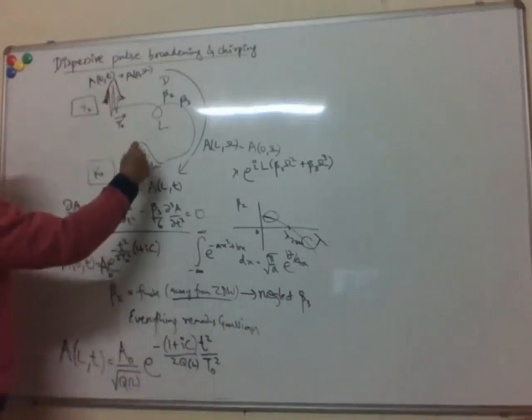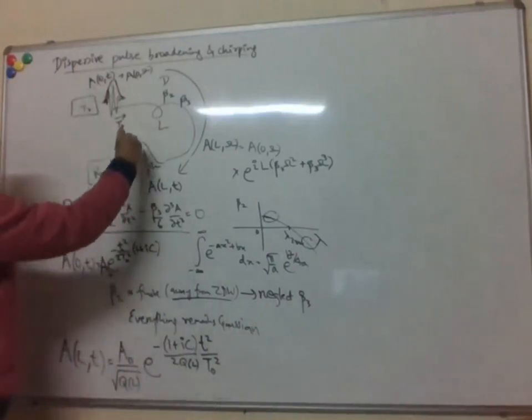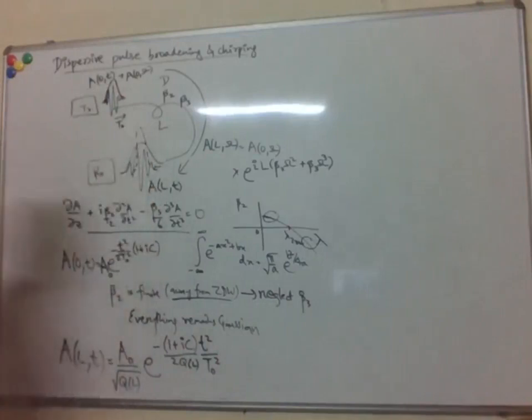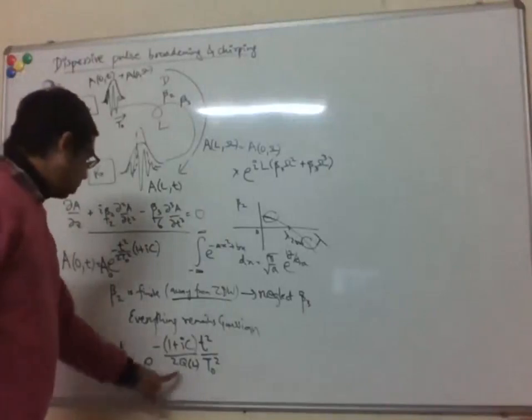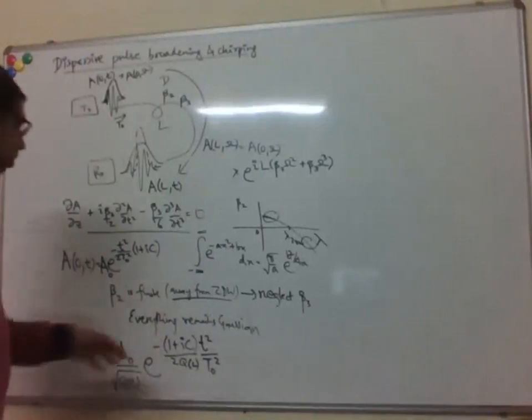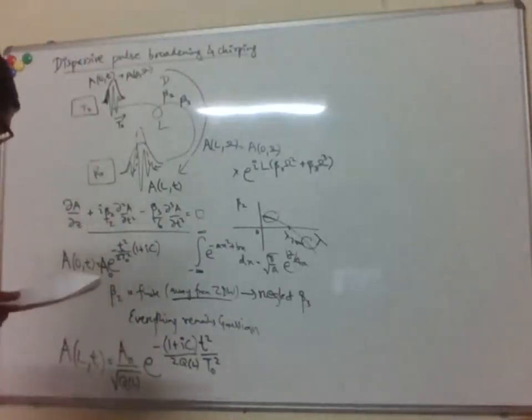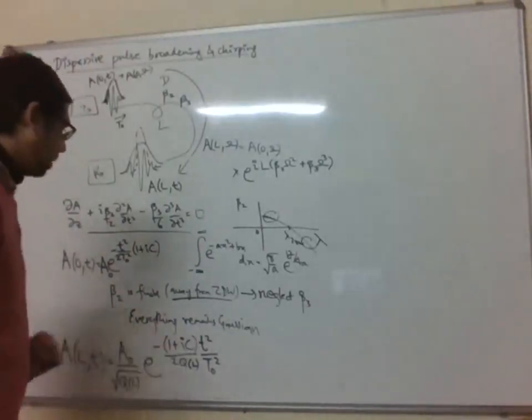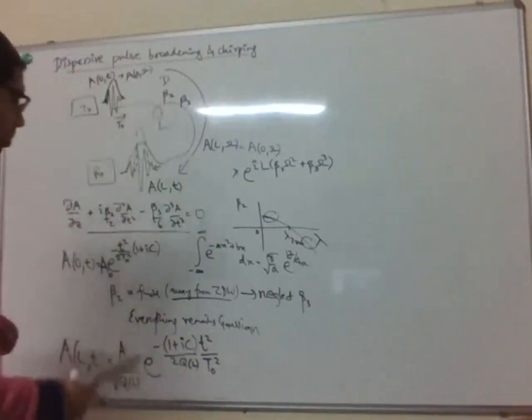So basically, once you broaden, if the input pulse was something like this, the peak amplitude goes down and the width increases. Right, that is for the case when Q would be greater than 1. But we'll see that you could also have the other case depending on this C and the sign of this beta.